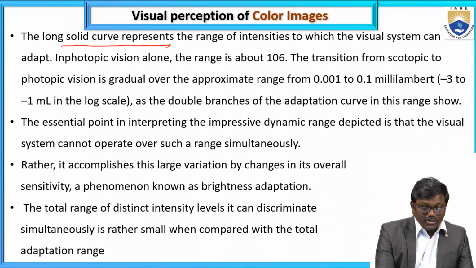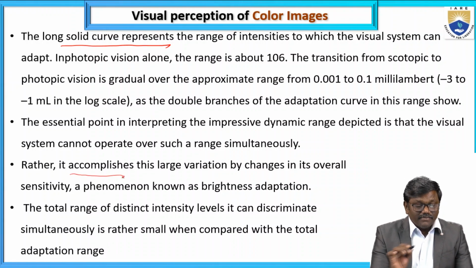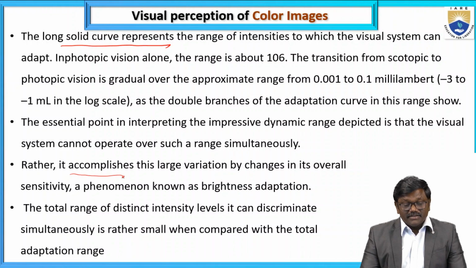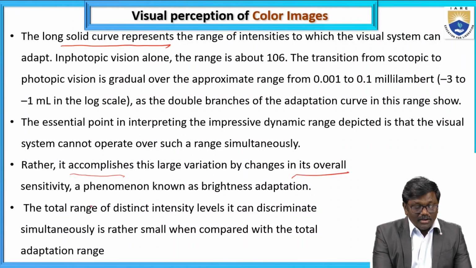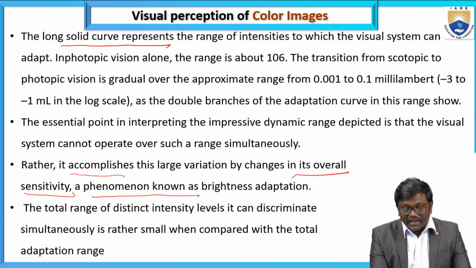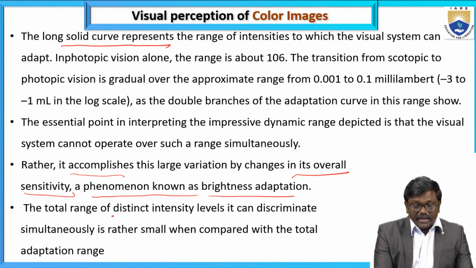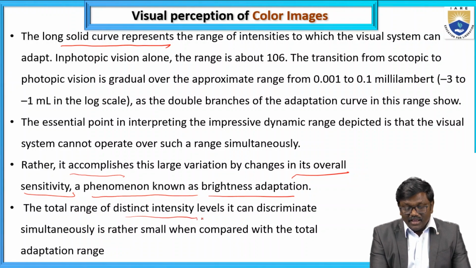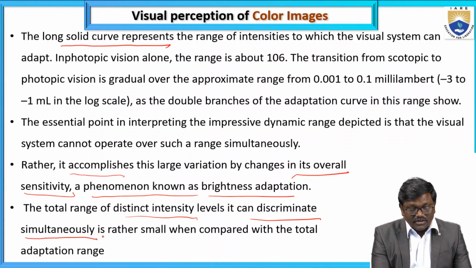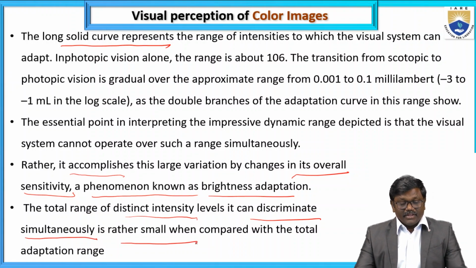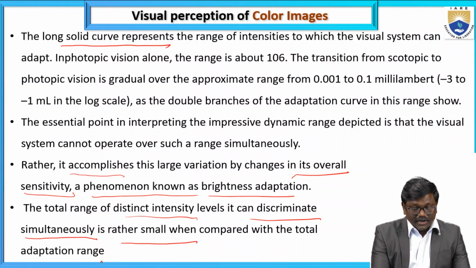Moreover, it accomplishes this large variation by changes in its overall sensitivity, a phenomenon known as brightness adaptation. The total range of distinct intensity levels it can discriminate simultaneously is rather small when compared with the total adaptation range.